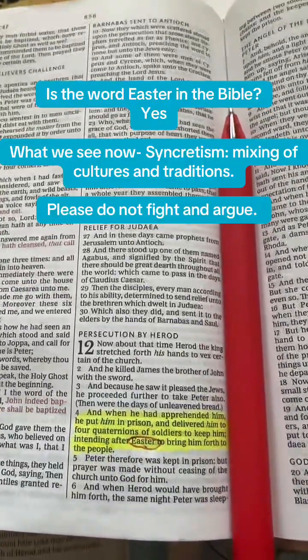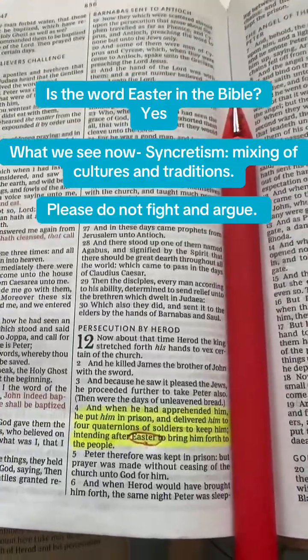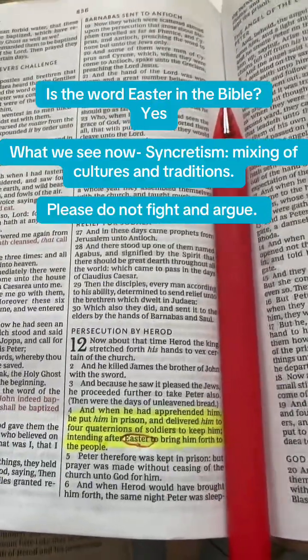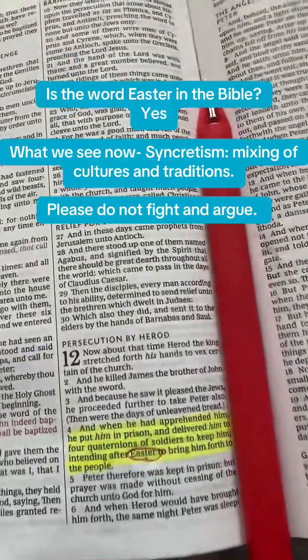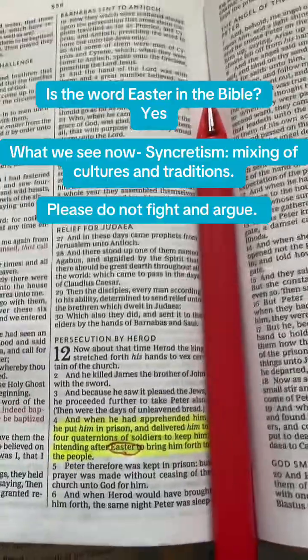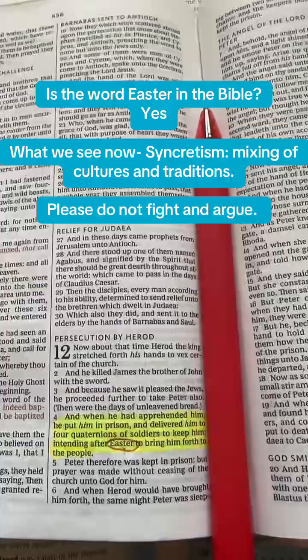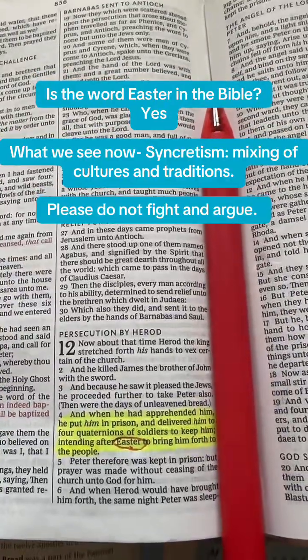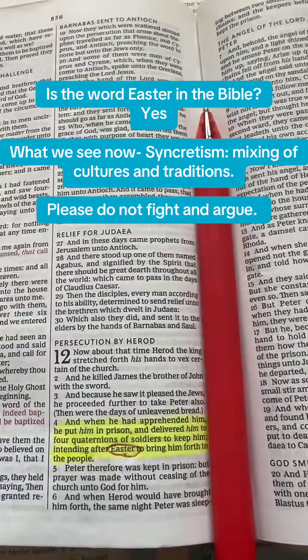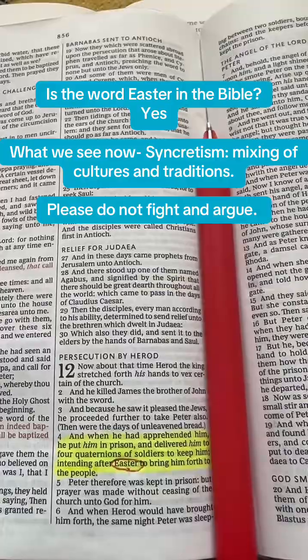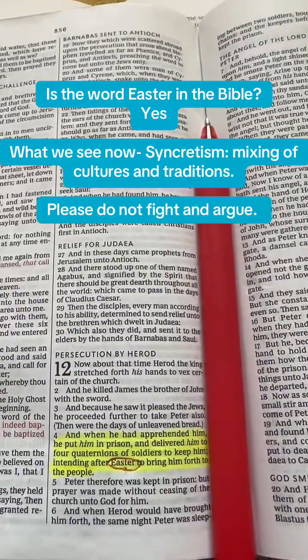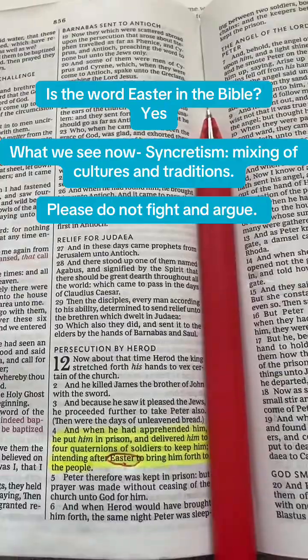But the resurrection celebration is not pagan. I think a good example of this is the birth of Jesus is not pagan. I know a lot of people will try to say, well, Saturnalia and Sol Invictus or all this stuff. Listen, other people were doing stuff around that time, but that don't mean that has anything to do with Jesus.